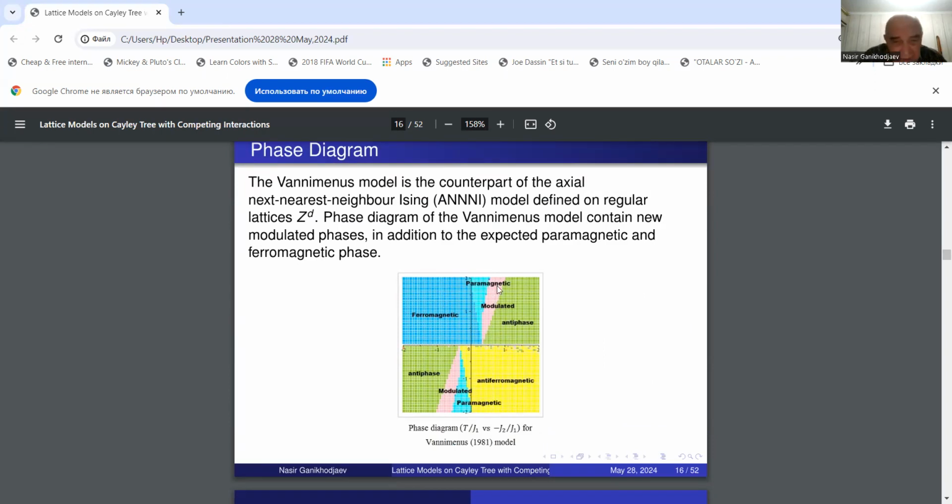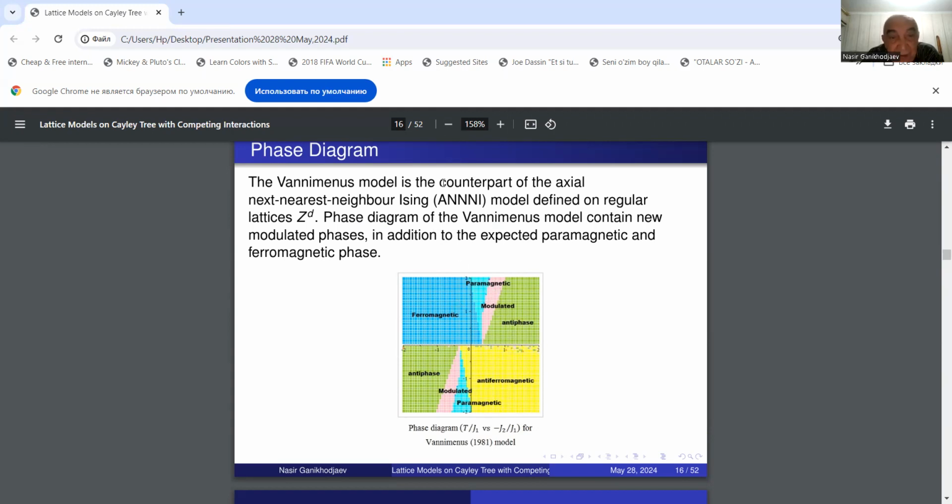Modulated, that is, with very high period or also aperiodic. So it is independent of our recurrent equations. And this antiphase is the phase with period 4. So you can see it is essentially different, and this phase diagram is richer than the previous one.